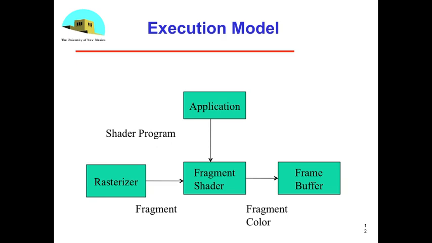Okay, now here's the execution model for the fragment shader, and it looks something like what we had for the vertex shader. The shader program comes from the application, but the data is coming out of the rasterizer. So the vertex shader's back here, primitive assembly's back here, sending vertex information to the rasterizer.